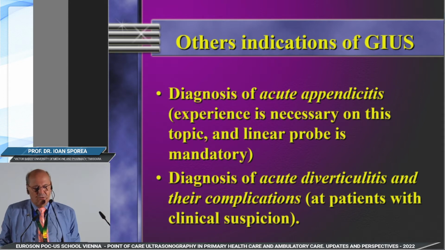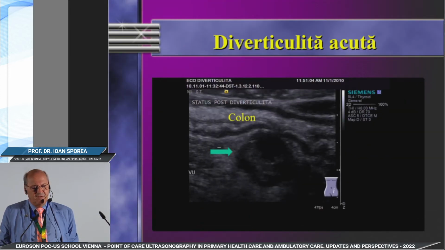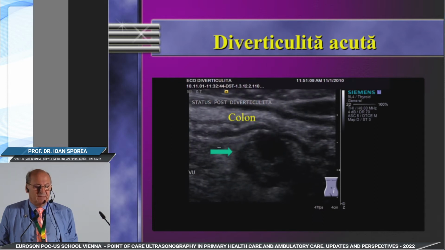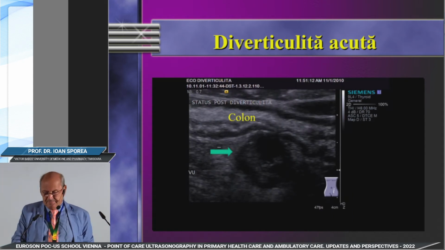This is the colon, this is a linear probe, and here is the colon. Okay, and this is an inflamed diverticulum. Interesting, without air inside. Usually inside such a diverticulum we have air inside.